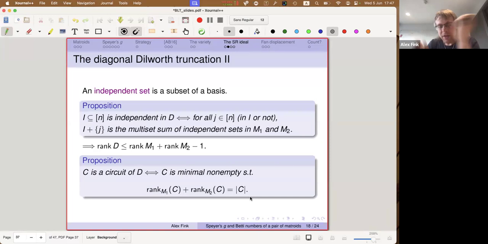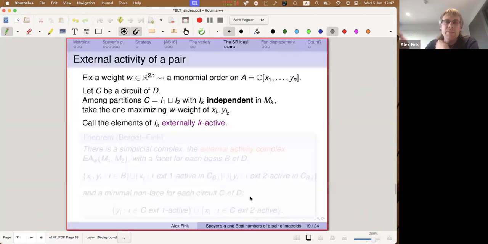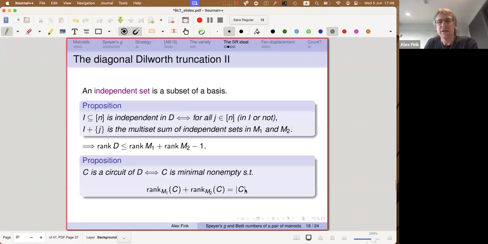So, okay, we have these two characterizations of D. And like before, I want to make a simplicial complex where the bases and the circuits with a suitable coloring are in some dual role, generalizing Ardila and Boocher. So here's what we do. You can take any weight order on our 2n variables. Now, when we colored the circuits, every circuit is partitionable into an independent set in M1 and an independent set in M2. That's part of the definition here, right?